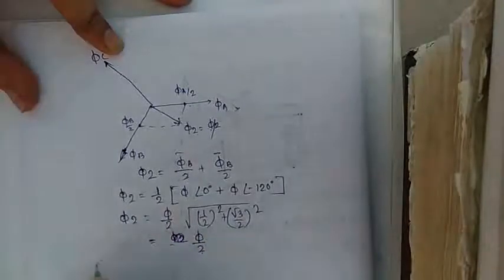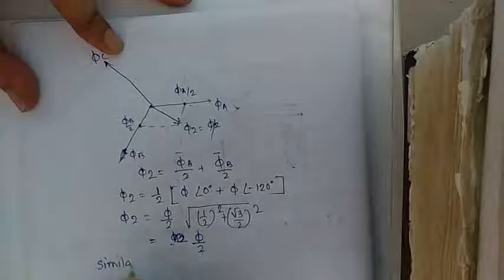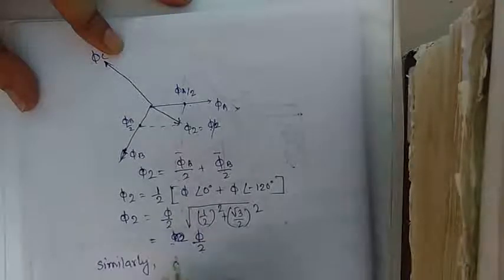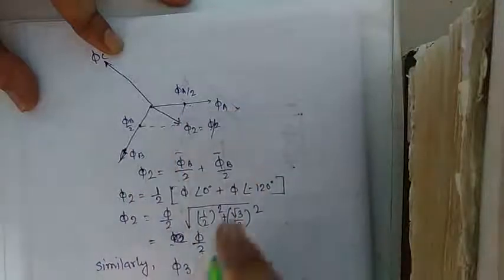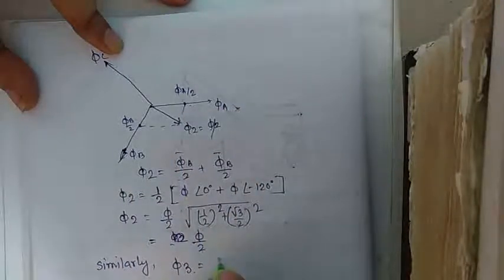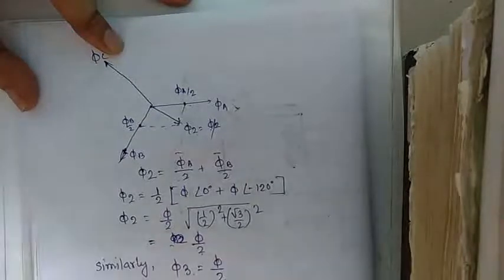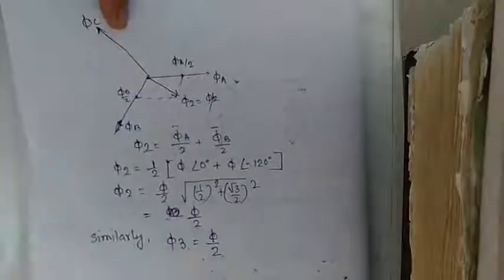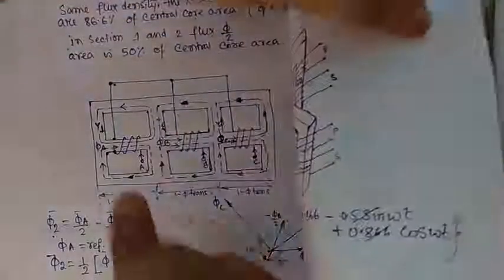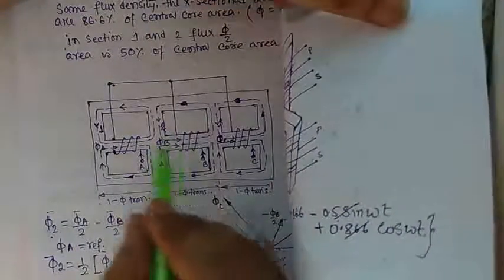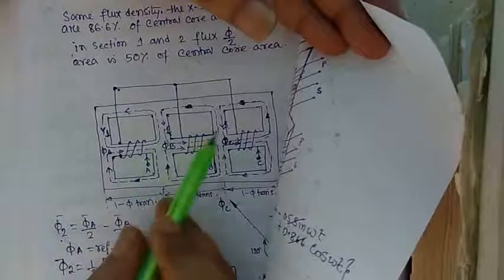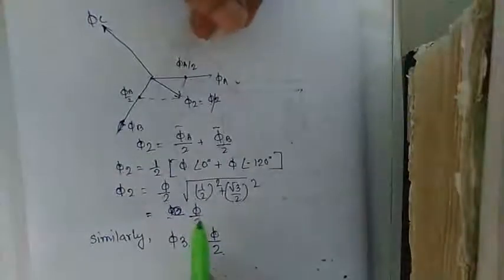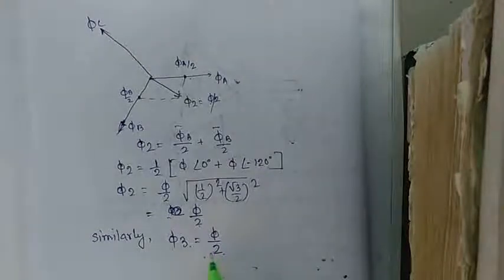Similarly, phi 3 in section 3 is again phi by 2. So if you reverse the direction of winding B, the flux in segment 2 and segment 3 is phi by 2 and phi by 2.